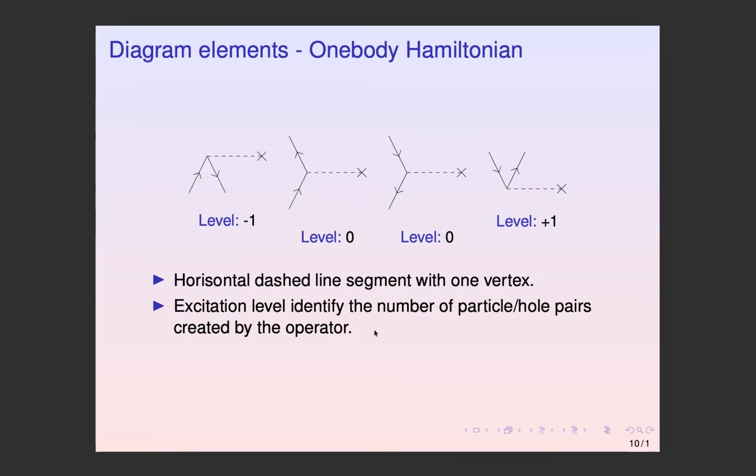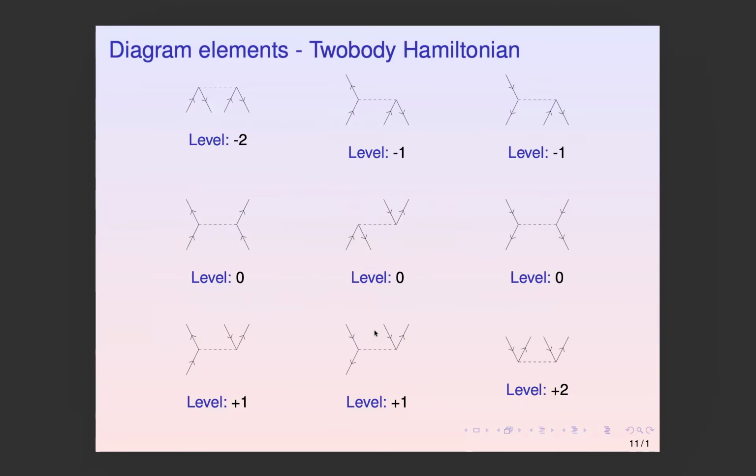And then when we look at the two-body Hamiltonian, we had these different contributions. Keep in mind also that here we don't list the exchange part. When you look at an element like this one, there will also be an exchange part, which is assumed to be there.